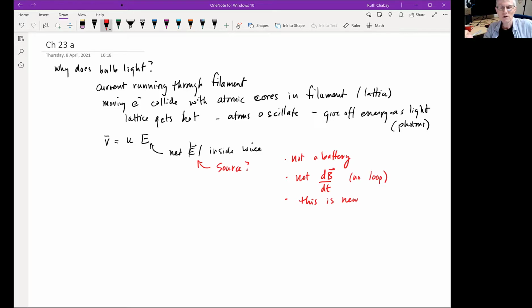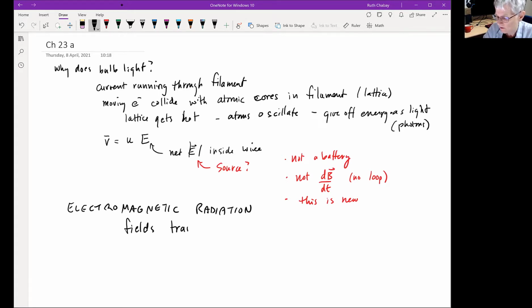So today what we're going to talk about is electromagnetic radiation, which is actually fields traveling through space. Fields traveling, I guess Microsoft Word tells me there should be one L there.